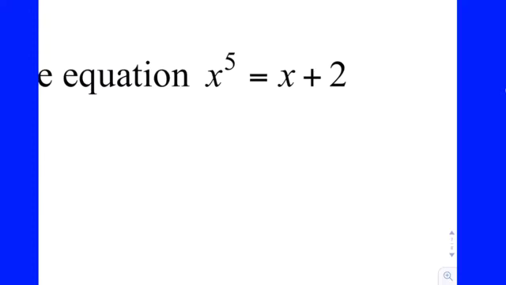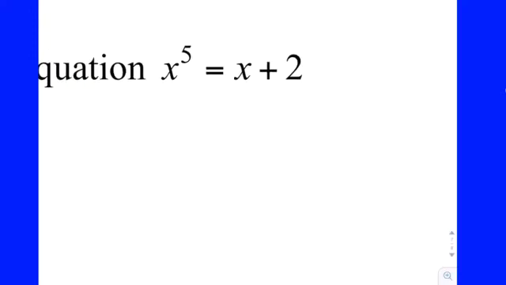IVT. Now, because we have variables on both sides, we're going to reframe the question in a way that's more helpful, okay? So what I'm going to do is take everything on the right side and bring it across to the left side. And now I'm setting it equal to 0.